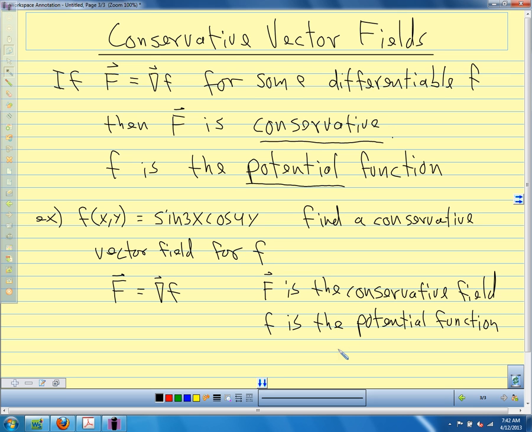So questions on that one? We just want to find a conservative vector field, so we just find the gradient of our scalar function.